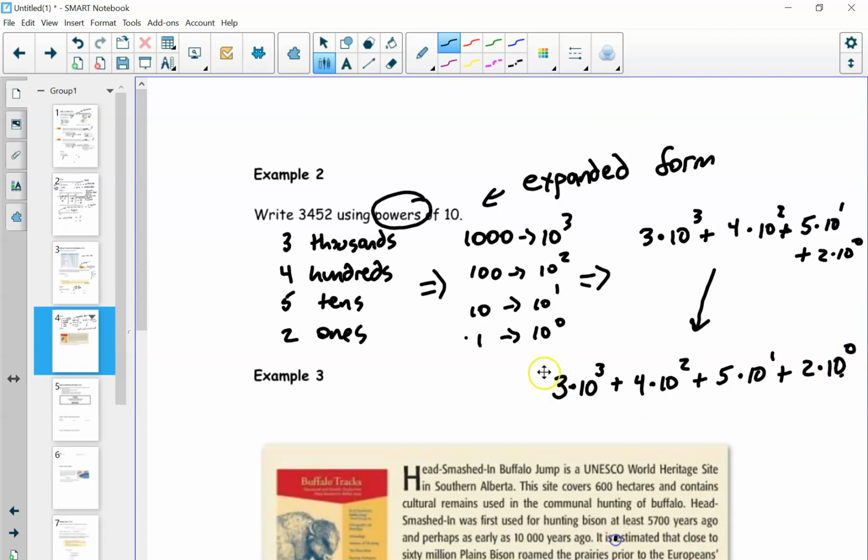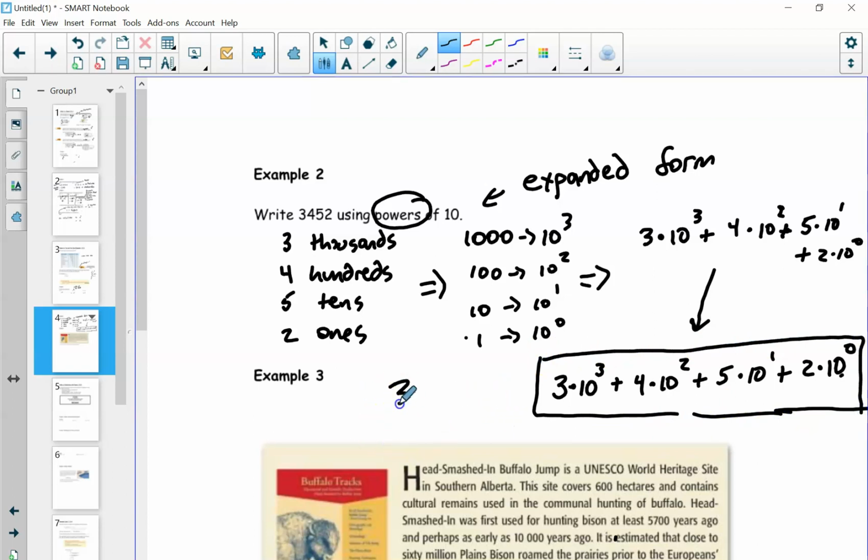So this is the final answer, but let's deconstruct it to make sure you understand why this is the same as that. 3 times 10 to the power of 3 is 3 times 1,000, that's 3,000. 4 times 10 to the power of 2 is 4 times 100, which is 400. 5 times 10 to the power of 1 is 5 times 10, that's 50.